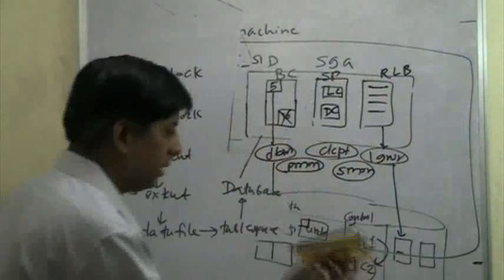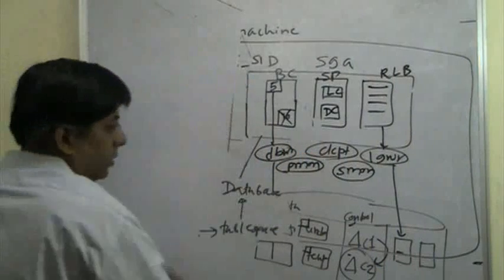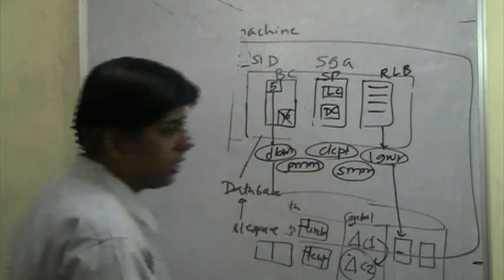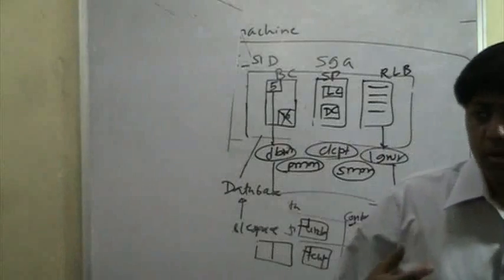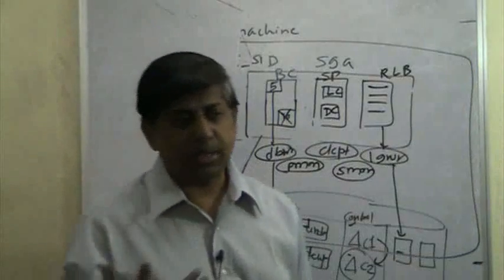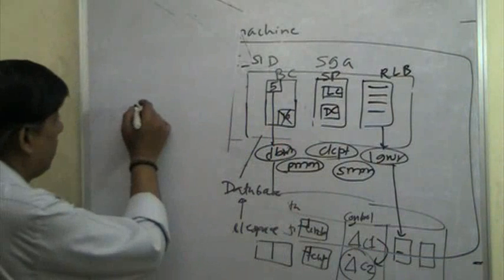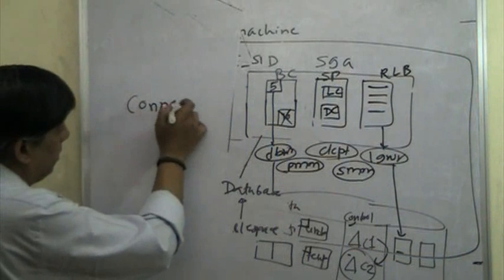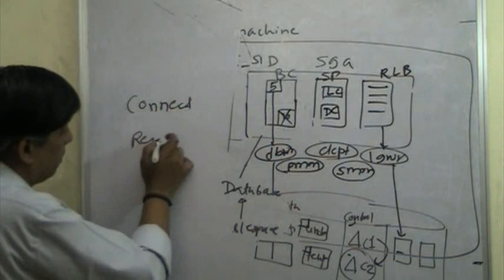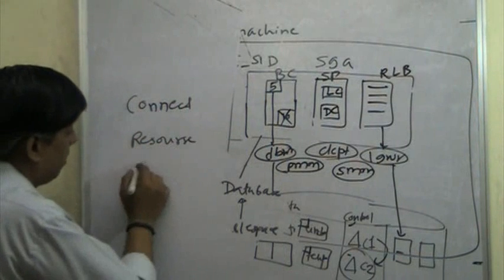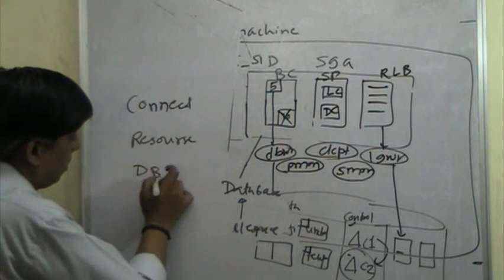Now only 2 questions are left. What are the 3 roles that are provided by Oracle when you install the Oracle software? Tell me at least 3 roles that are created by Oracle. Connect, resource, and DBA.